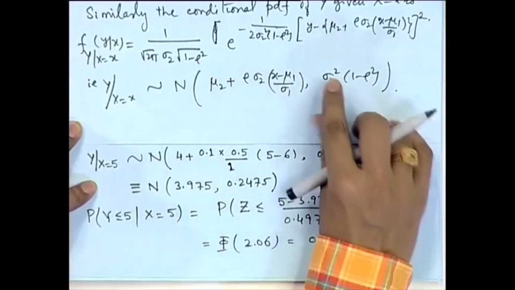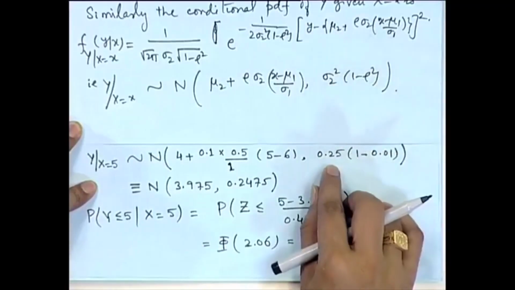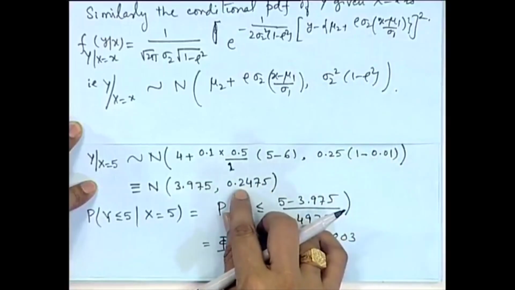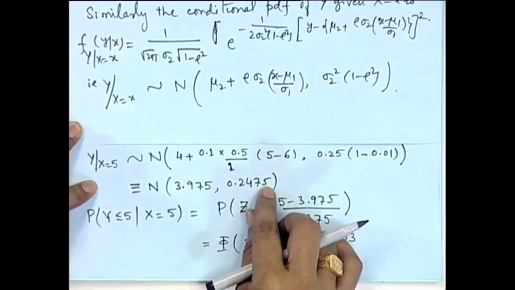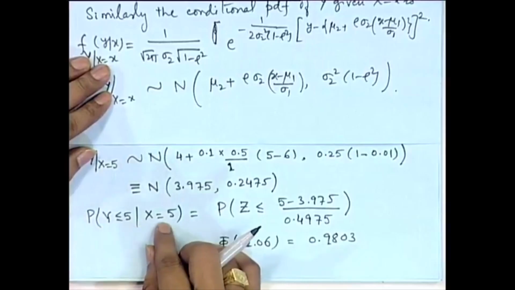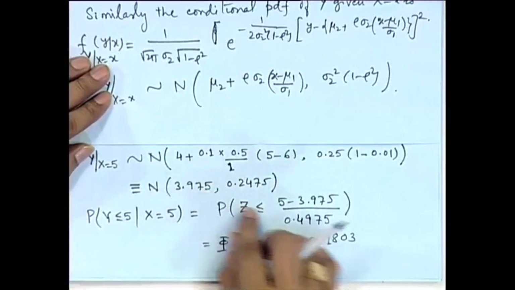After simplification this turns out to be 3.975. The variance of the conditional distribution is sigma 2 square into (1 minus rho square), which is 0.25 into (1 minus 0.01). So, it is evaluated to be 0.2475. So, the conditional probability of y less than or equal to 5 given x equal to 5 can be calculated from this distribution. We transform it to the standard normal distribution.